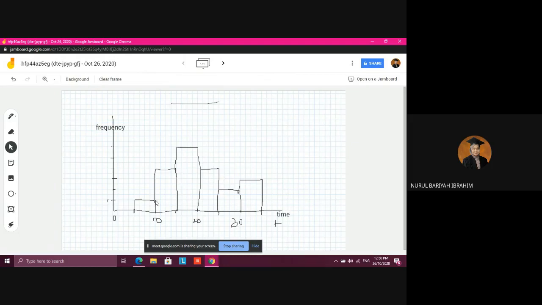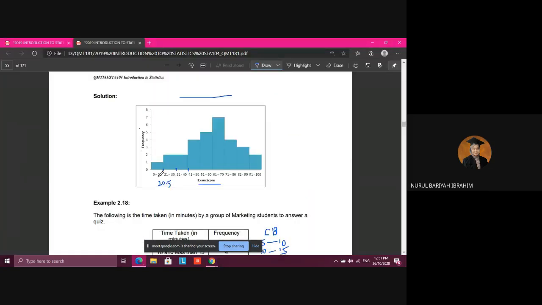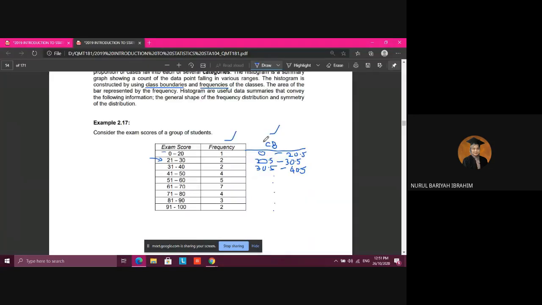Make sure bar kena rapat-rapat, and then you punya x-axis adalah class boundaries, dan di sini dia punya scale kena kira betul. Jangan start dengan kosong. If your first class of the class boundaries tak start dengan kosong. Macam tadi ini sebab kita start dengan 0 dekat sini dia punya class boundaries.